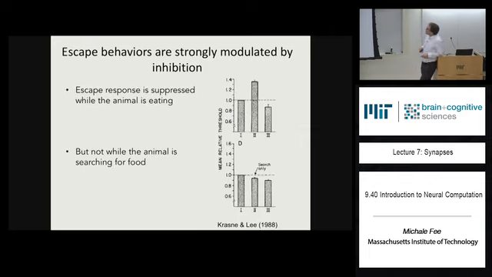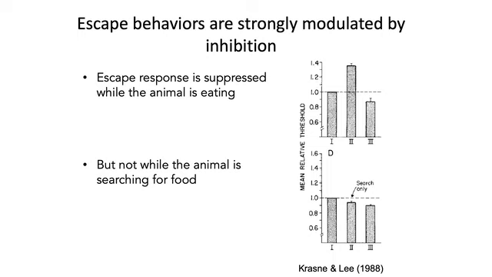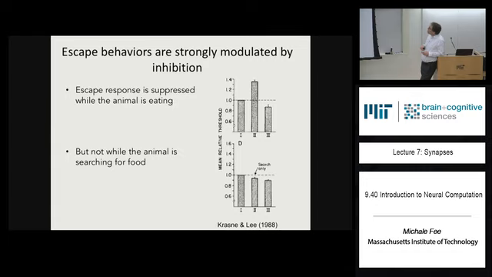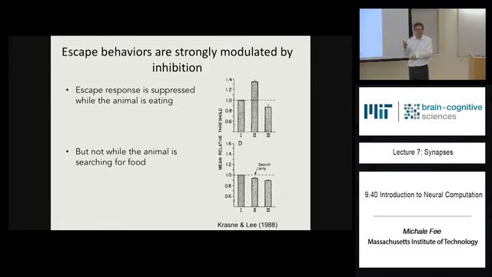Okay, another interesting modulation is that the LG escape response is suppressed while the animal is eating. This is the threshold, how much you have to poke him in the nose or in the tail for him to escape when he's just wandering around. But while he's eating, he's getting food, and so the threshold for eliciting that escape reflex goes up. He's like, sorry, I'm eating.